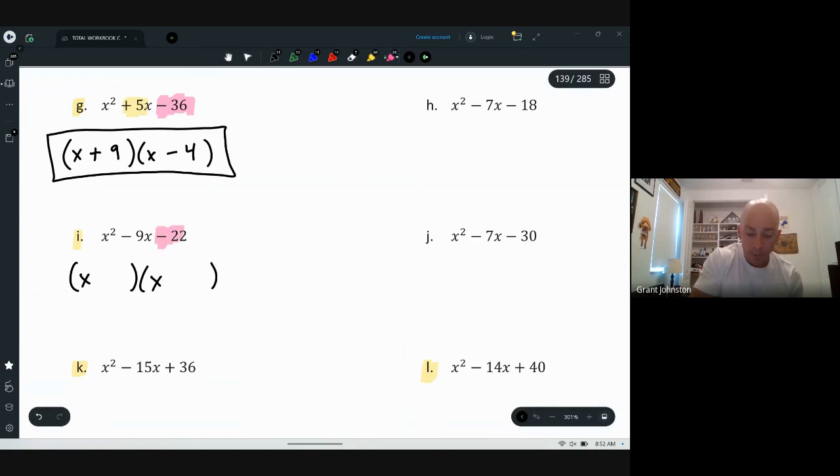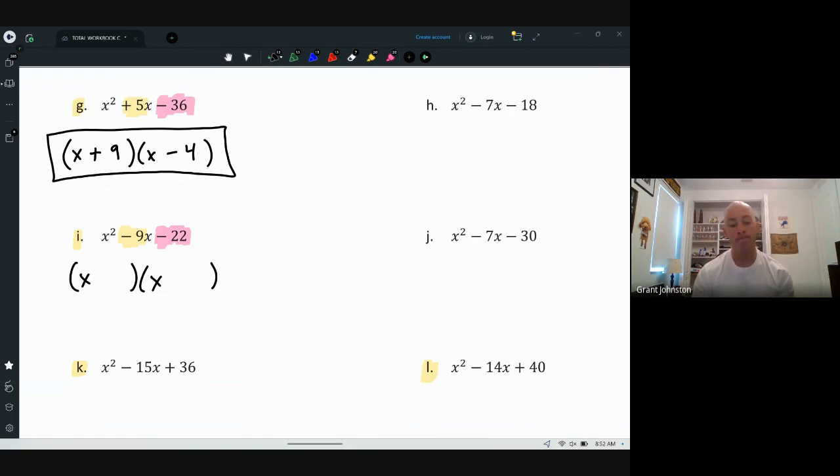Numbers have to multiply to negative 22, yet add to negative 9. That would be negative 11 and positive 2. Negative 11 times 2 is negative 22. And negative 11 added to a positive 2 would be negative 9.